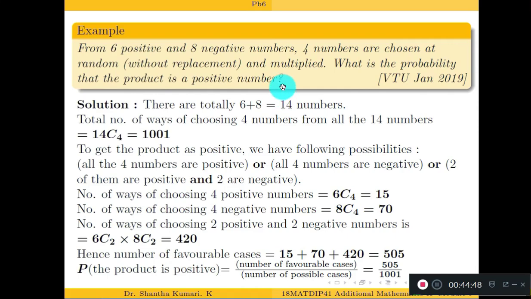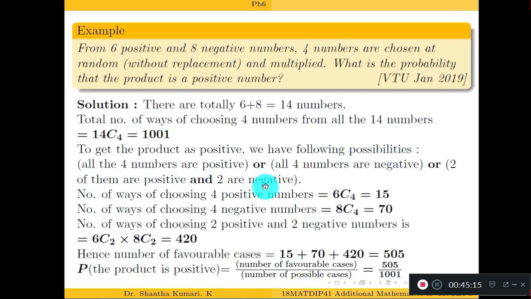To get the product of 4 numbers as positive, you have the following possibilities. List all possibilities. Either all 4 numbers selected are positive. One possibility. Or all 4 numbers are negative, then also your product will be positive. Or the third possibility is 2 of them are positive and 2 are negative.